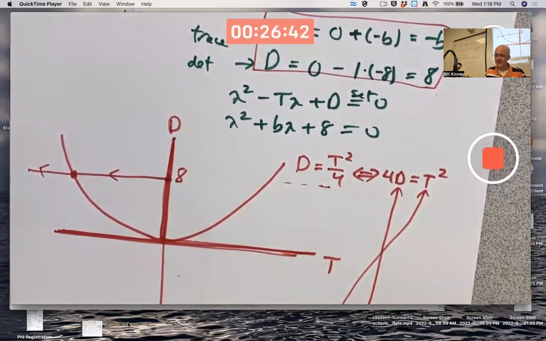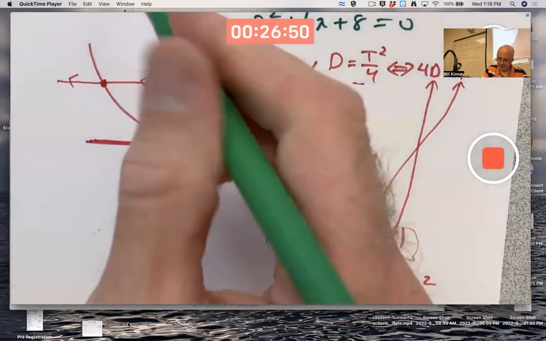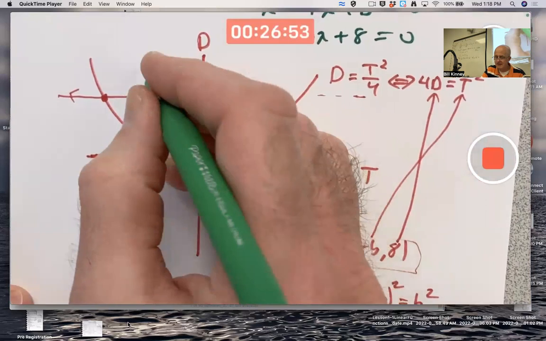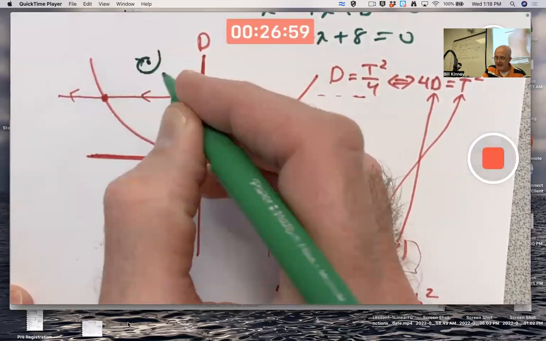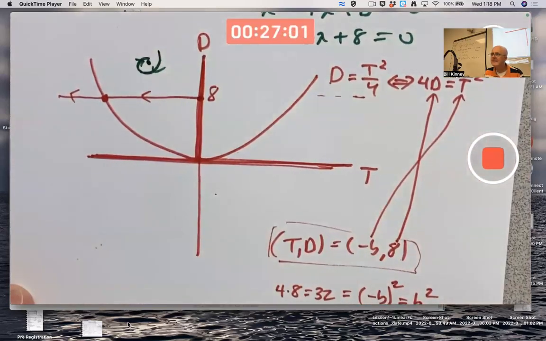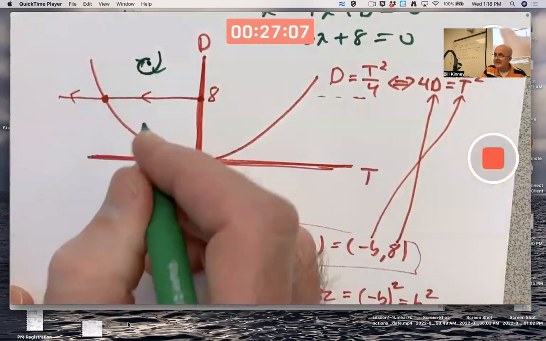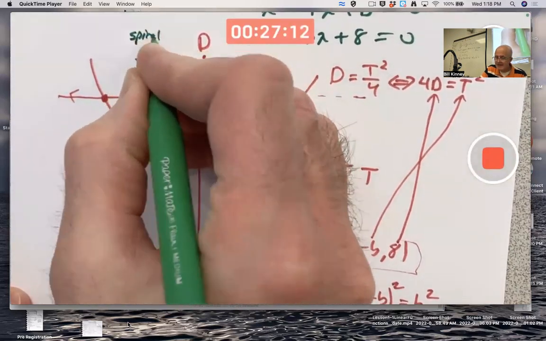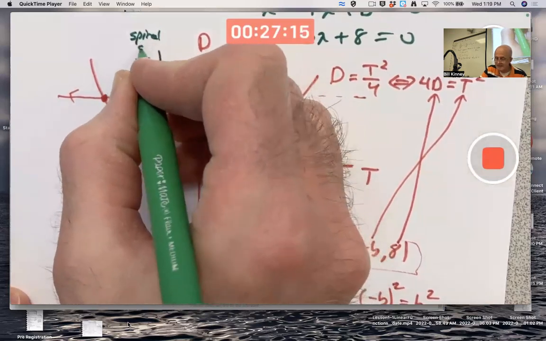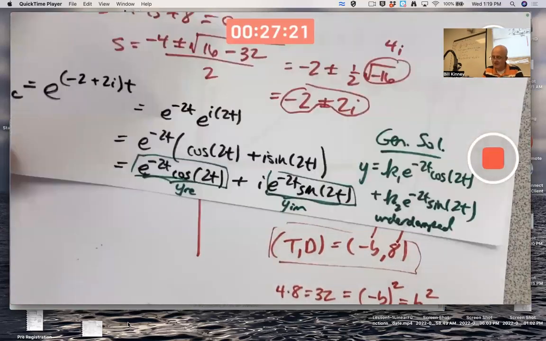In terms of the phase plane, it's important to know that when the TD coordinates are in this region, above the repeated root parabola where T is negative, the origin is a spiral sink: eigenvalues that are complex and have negative real part, just like happened here.